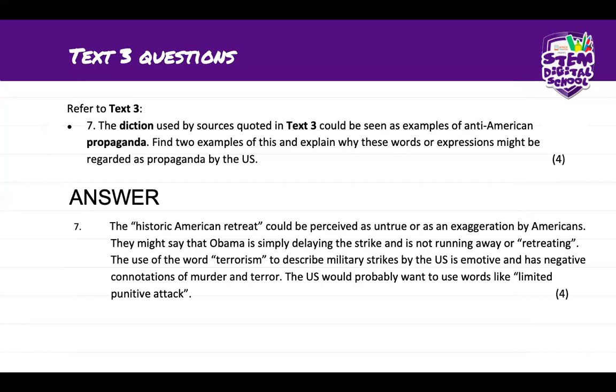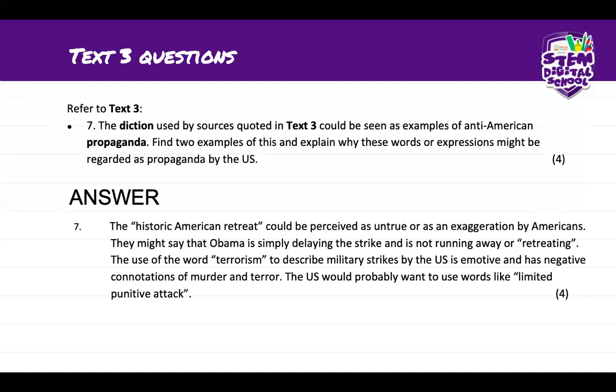So the answer here then would have been that the historic American retreat could be perceived as untrue or as an exaggeration by Americans. They might say that Obama is simply delaying the strike and is not running away or retreating, as you would have it.